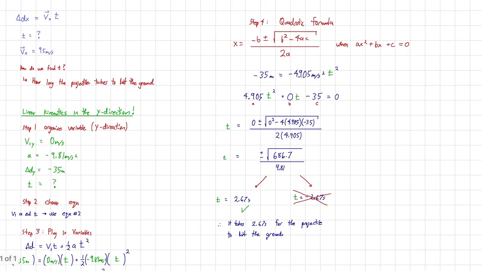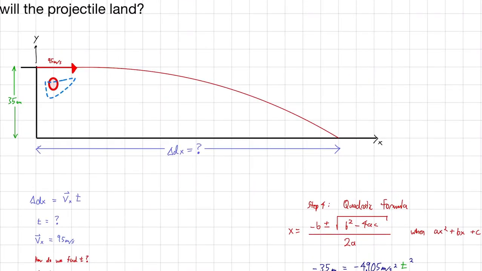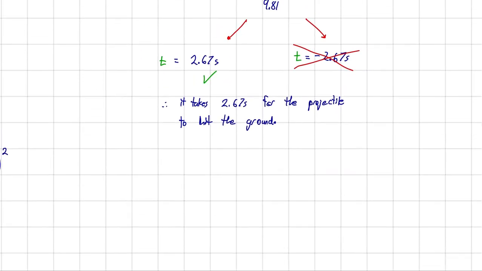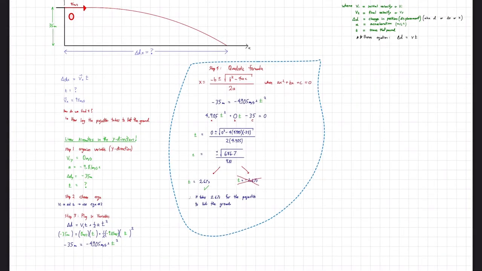So again, we just found that from the time that this projectile is fired to the time it hits the ground, if we're just looking at the y direction, it's going to be 2.67 seconds. Right? Just want to move this up a little bit.